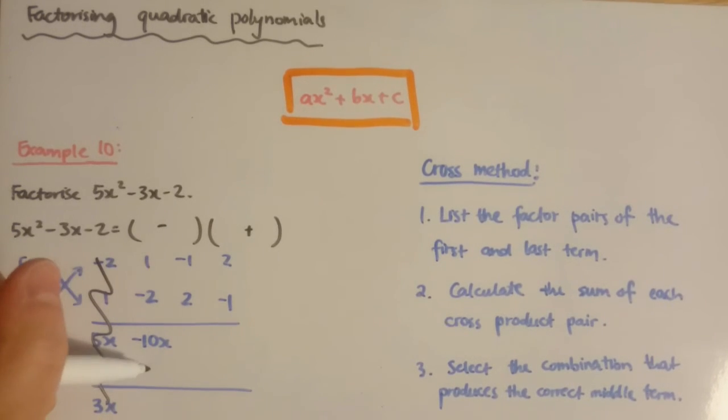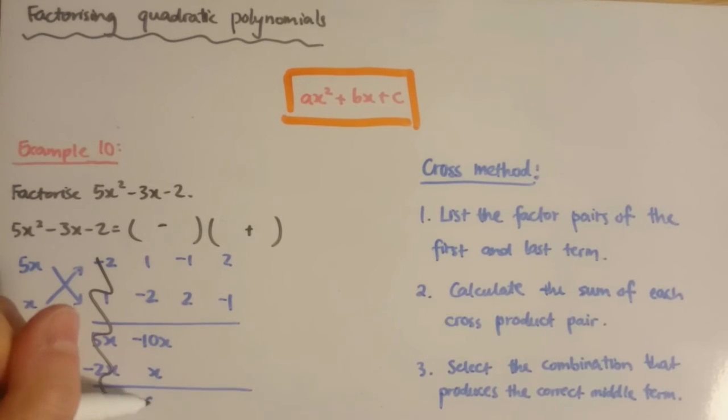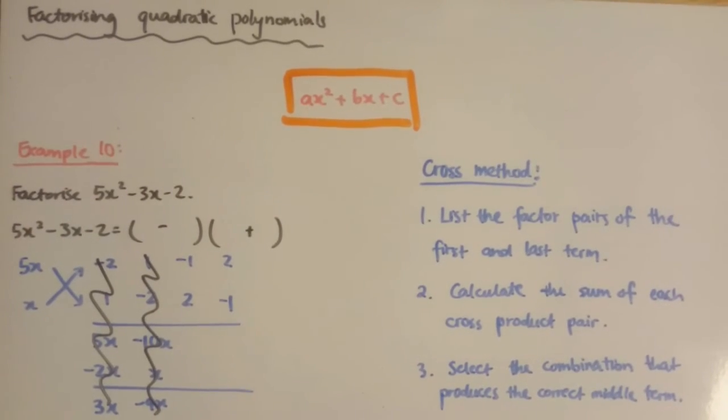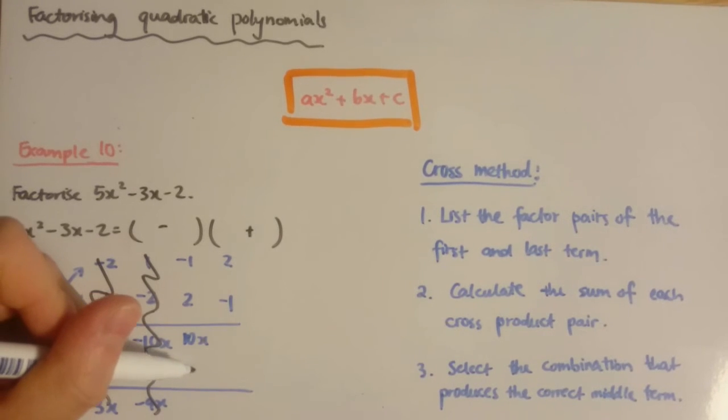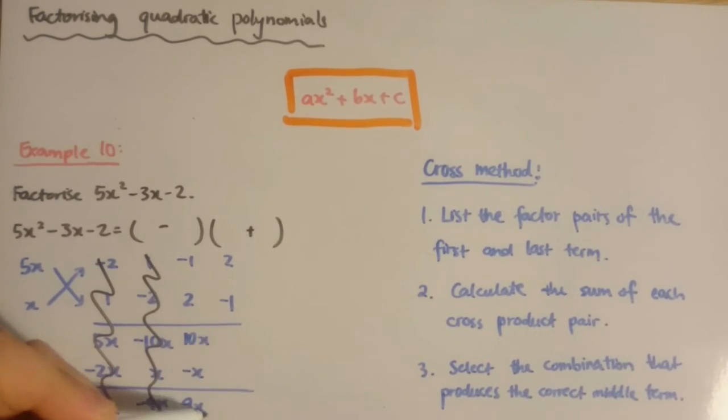X times 1 is x. Negative 10x plus x is negative 9x, and it's not what we want. 5x times 2, 10x. X times negative 1 is negative x, and that gives us 9x. Still not what we want.